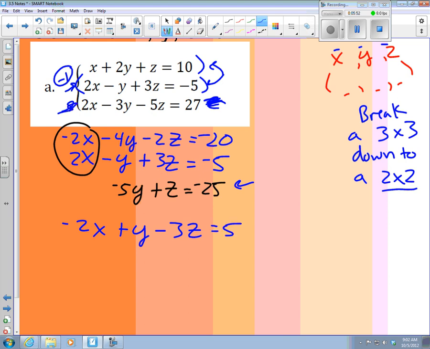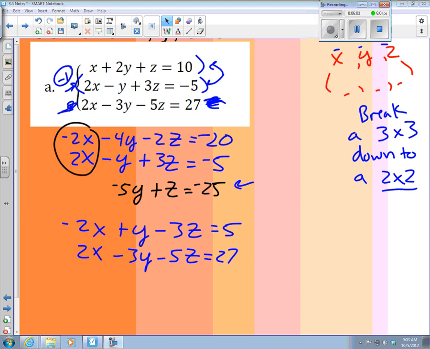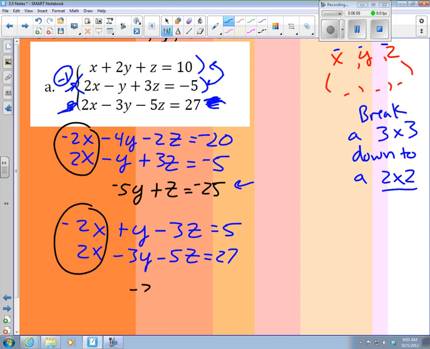Bringing down this third equation now, 2x minus 3y minus 5z equals 27. Adding them together, well, of course, the x's eliminate each other, and that's what you want. -2y minus 8z equals 32.